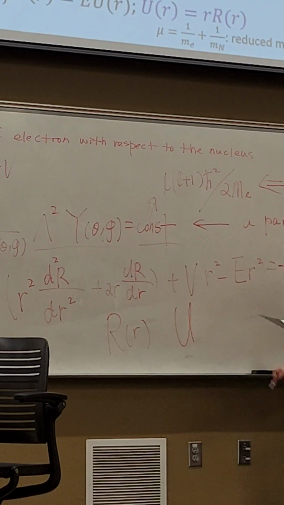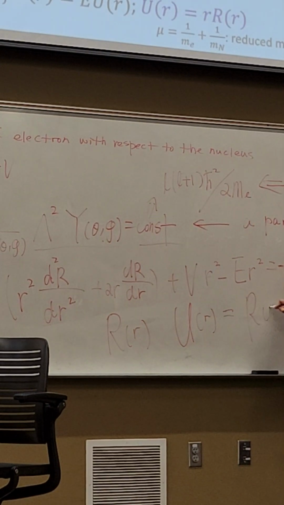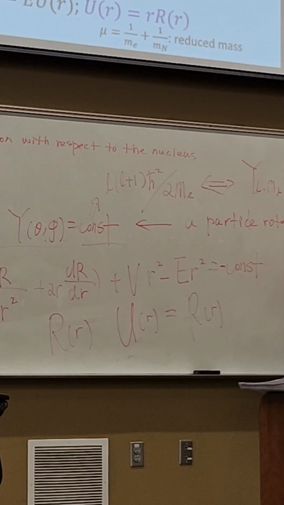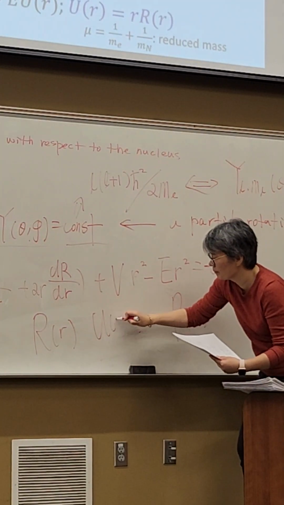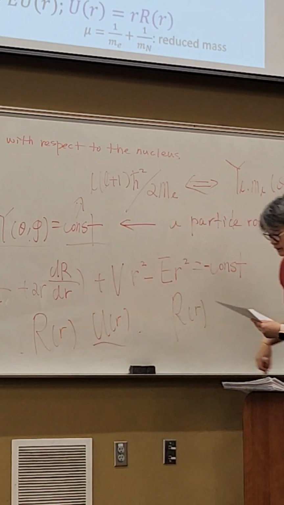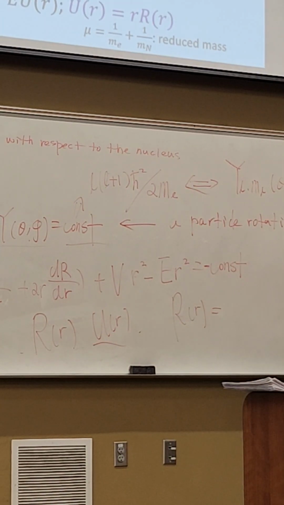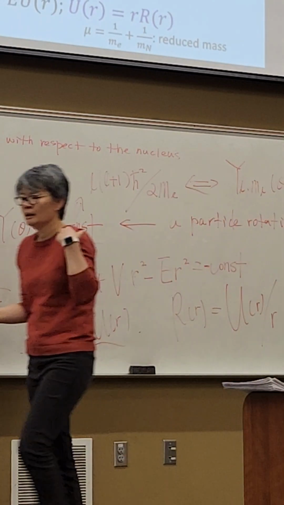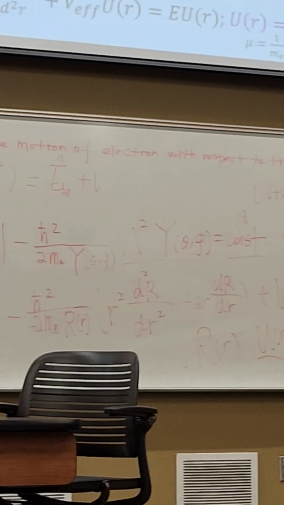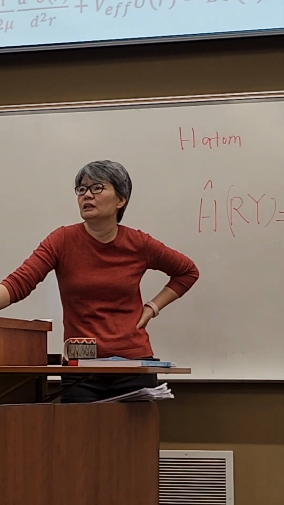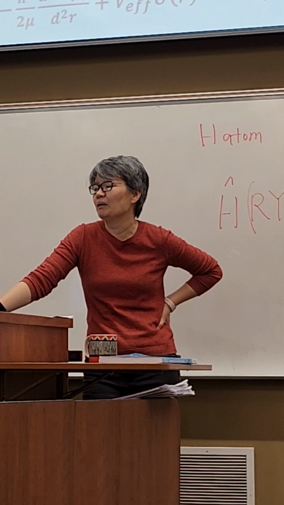It is the U, okay? U of R is related with the R function. Instead of solving for this in math, if you use a substitution, they are linked together. The U function is just a manipulation, with R equal to U over R. The reason we are doing this is that in math, when you're solving any particular equation, you need to introduce some tricks to make our life easy.